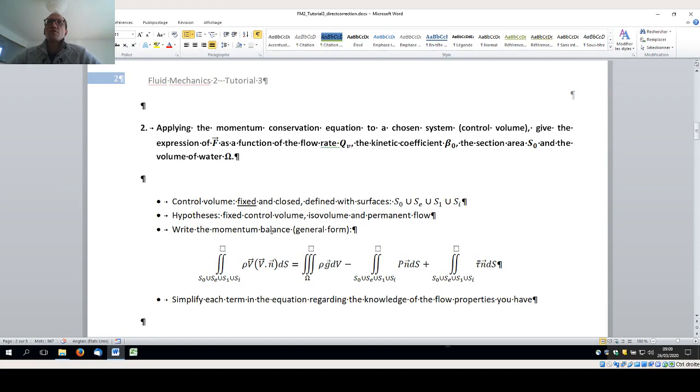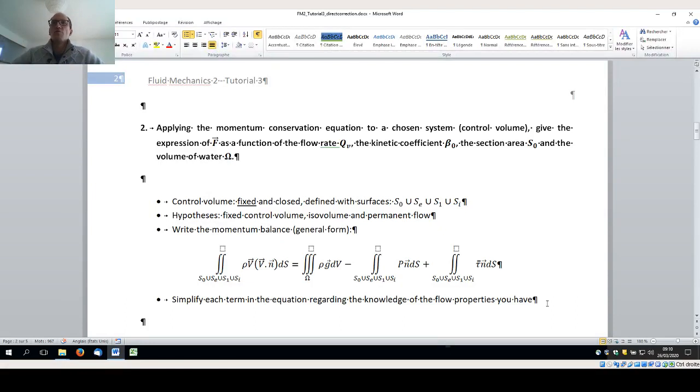Once you have written this momentum balance in its general form, you simplify each of the terms in the equation regarding what you know about the flow properties on each of the surfaces. The term associated with gravity is just associated with the volume of water, so usually you cannot say much about it, but on all other surfaces you usually have information about velocity, pressure, viscosity, or other elements.